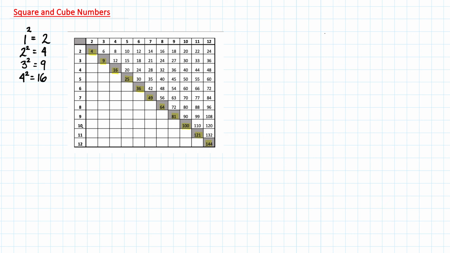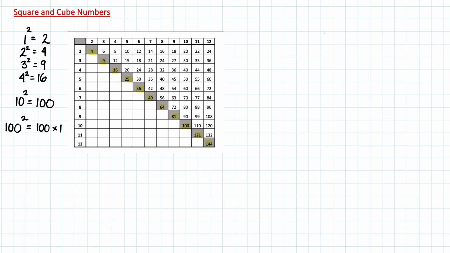Now, I want to highlight something here. If I have 10 squared, we know that 10 times 10 is going to be 100. Agree? We know that. Now, if I put another number, let's say I want to find 100 squared. So what is going to be 100 squared? We know that 100 squared is going to be 100 times 100.